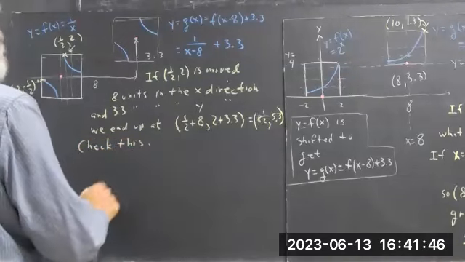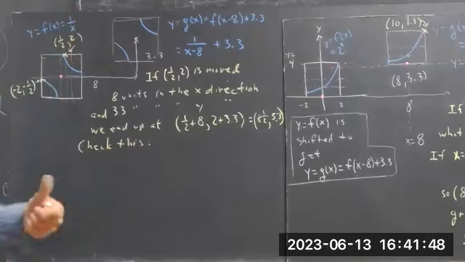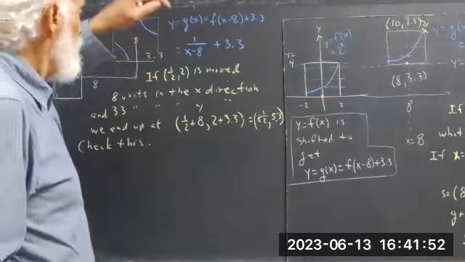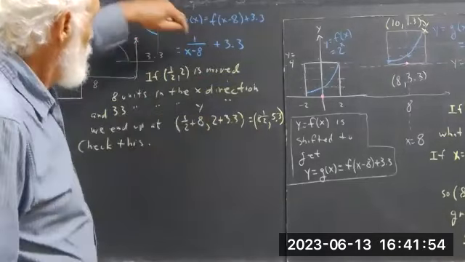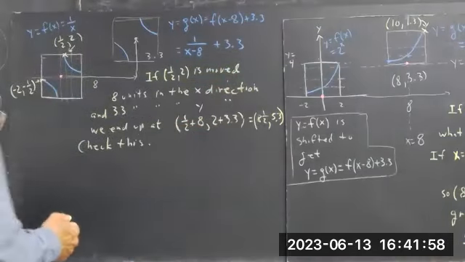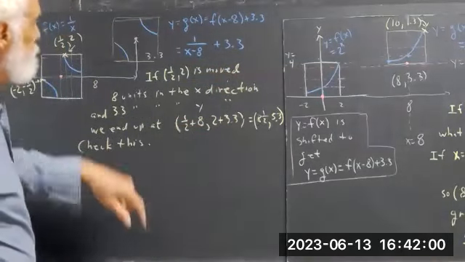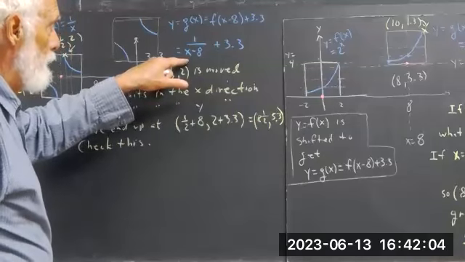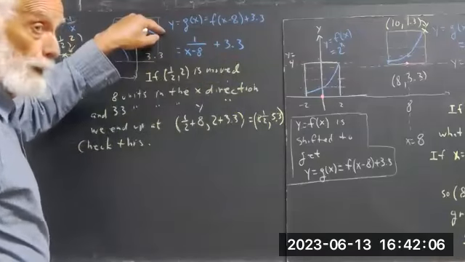Check this. Okay, how do we check it? Think through how you are going to check it. I'm going to check that this point lies on the graph of this function. Okay, well, easiest thing to do is plug in 8.5 here and evaluate this and see if you get 5.3.